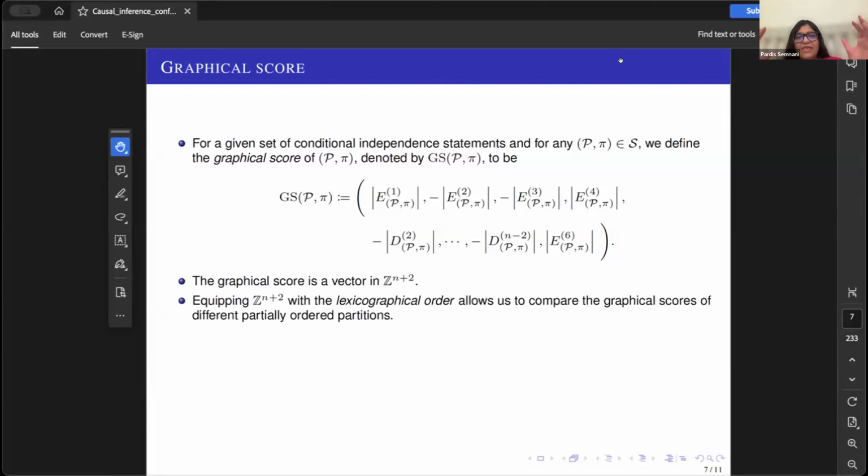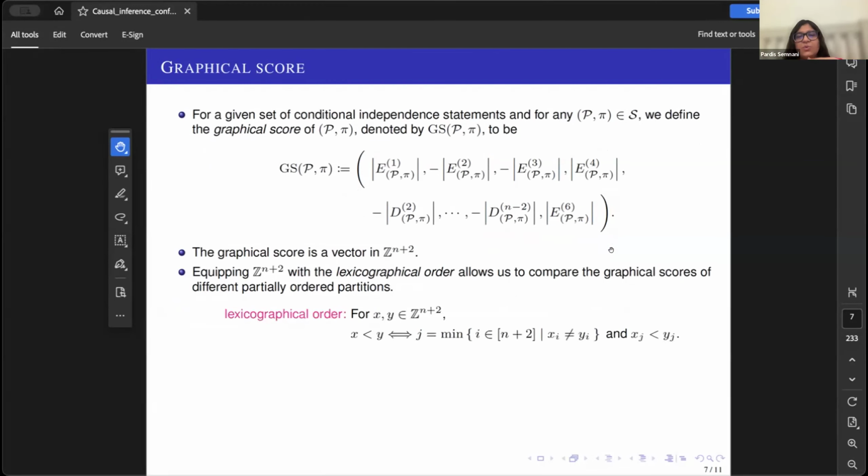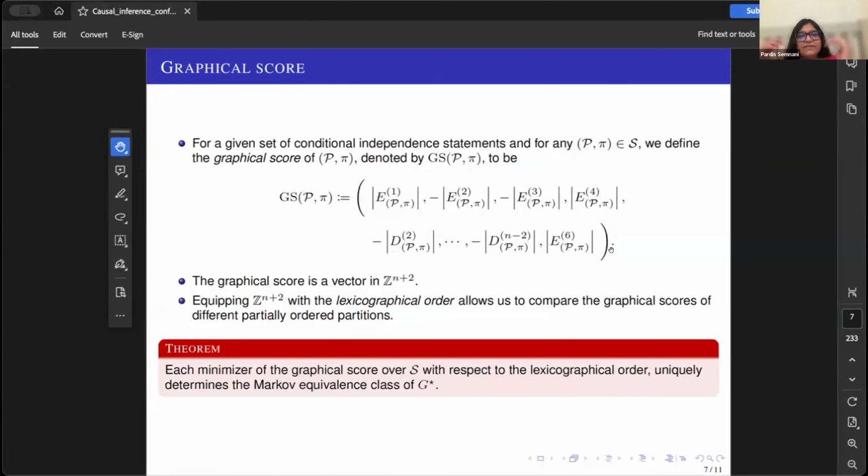To compare these integer vectors, we use the lexicographical order, which says x is less than y whenever xj is less than yj, where j is the first entry where x and y differ. The main theorem of this section is that any minimizer of this graphical score over the partially ordered partitions, with respect to the lexicographical order, uniquely determines the Markov equivalence class of G star.